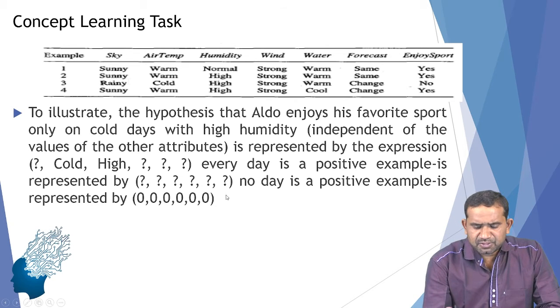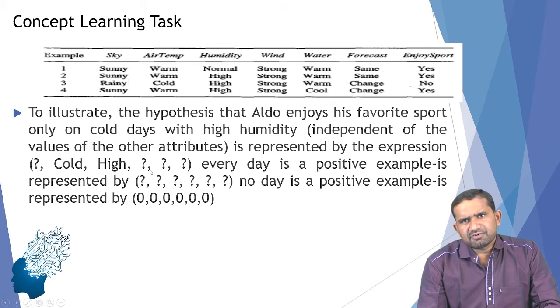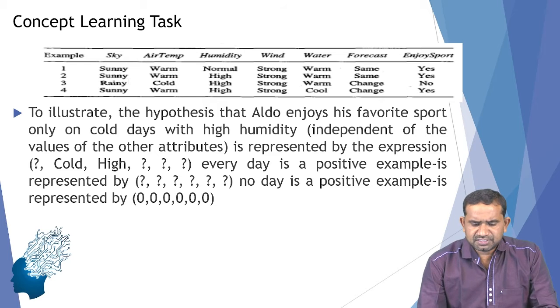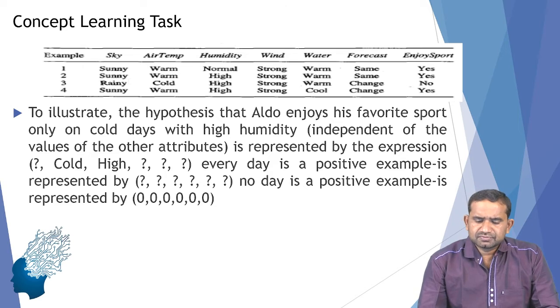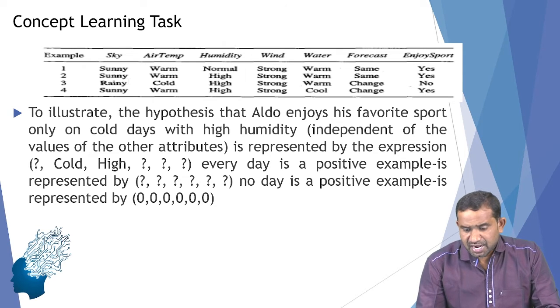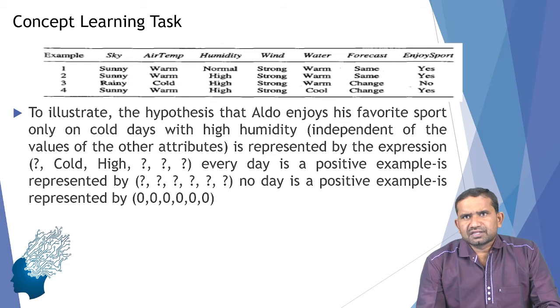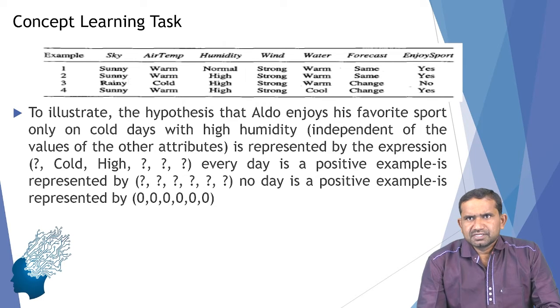Whereas with the question mark, he may enjoy. Why? Because he may accept all the conditions. The question mark represents accepting all attribute values. To illustrate the hypothesis that Aldo enjoys his favorite sport on cold days with high humidity, independent of the values of the other attributes, other values are there in other conditions, and sometimes he also enjoys based on the expression.